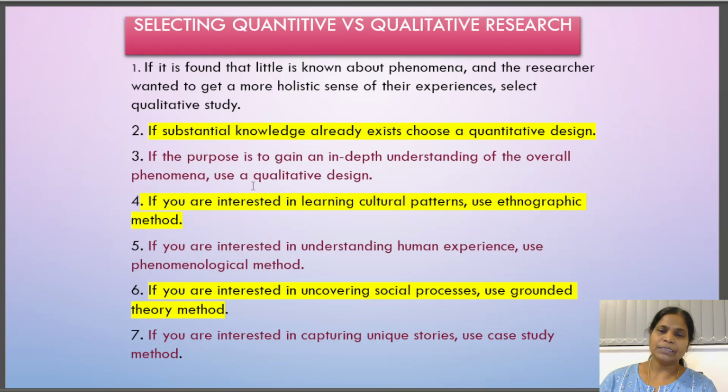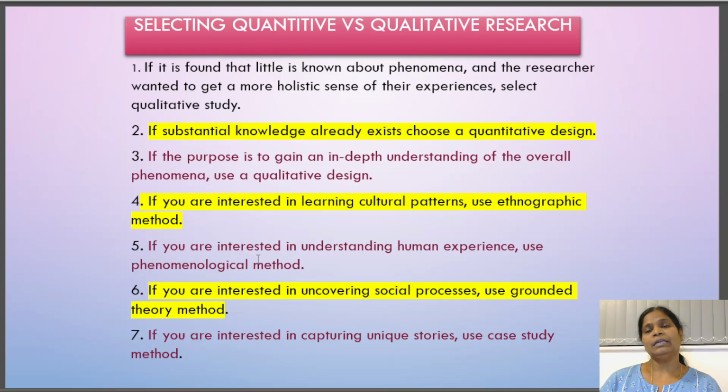If the purpose is to gain in-depth understanding of the overall phenomenon, then go for qualitative. If you are interested in learning cultural patterns, culture, Western culture, Indian culture, African culture, or any other thing, lifestyle of different groups, then you should use the ethnographic method.